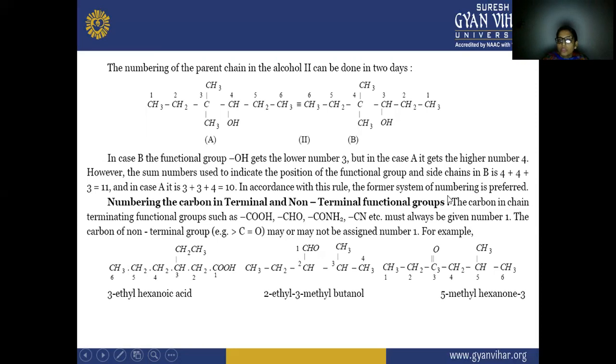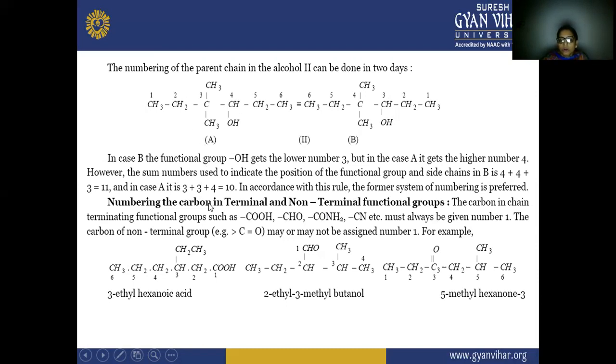In case A, 4 plus 4 plus 3 equals 11, and in case B, 3 plus 3 plus 4 equals 10. So according to this rule, the former system of numbering is perfect.